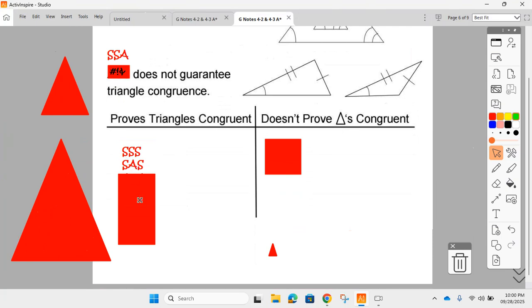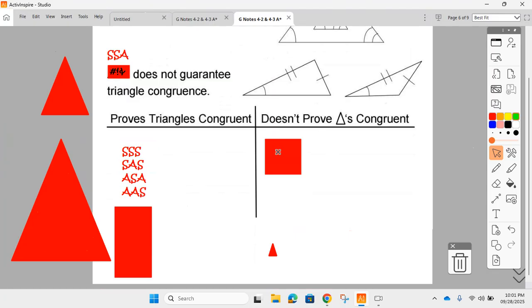If those three corresponding parts are congruent in each triangle, then the triangles are congruent. Two angles with an included side, so angle, side, angle. If the corresponding angle, side, and angle in both triangles are congruent, then the triangles are congruent. And finally, angle, angle, side. So two angles and their non-included side.